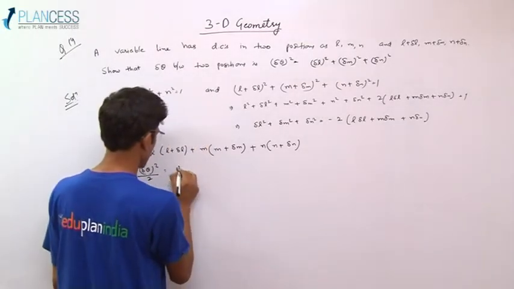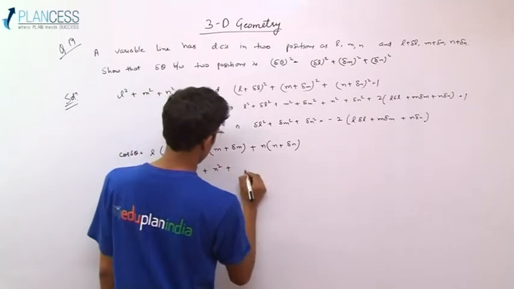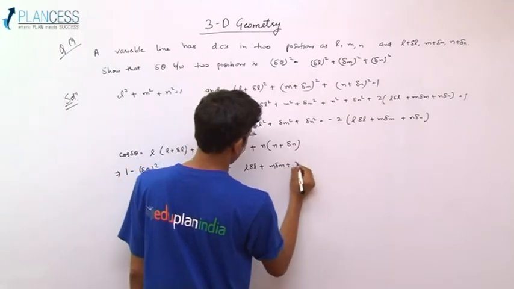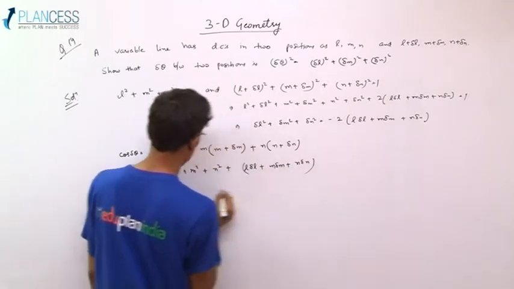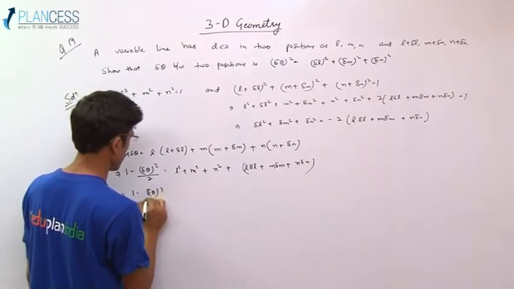So this is l squared plus m squared plus n squared plus l delta l plus m delta m plus n delta n, and this equals 1 minus delta theta whole squared by 2.